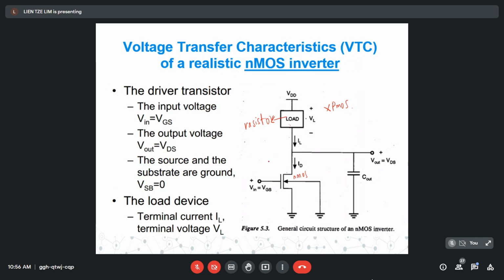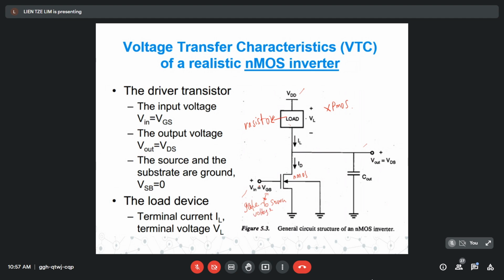This circuit can also work as an inverter. The circuit here is almost similar to the ones that we know, with VDD, output and input. Here the input is also called VGS, which means the gate to source voltage.